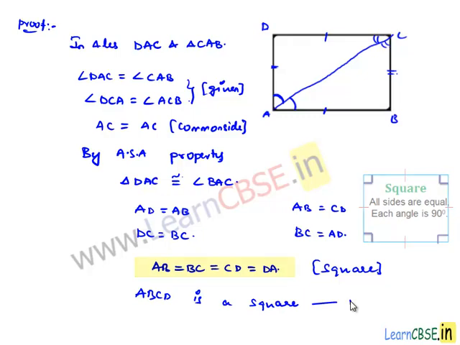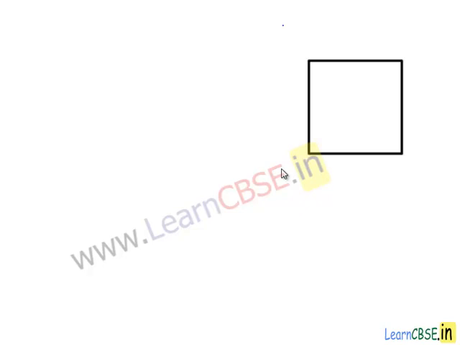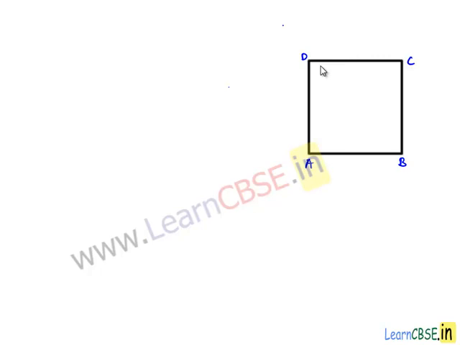This is what our first subpart of the proof required. Here we proved that ABCD is a square. We are asked to prove in the second subpart that BD bisects angle B as well as angle D. So here we are required to prove that angle ABD is equal to angle DBC and angle CDB is equal to angle ADB.